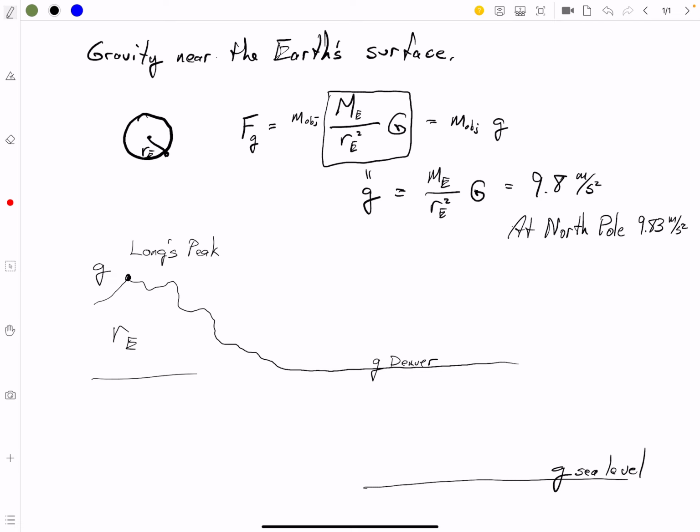So all in all, G definitely changes around the world for many different reasons. One is how high are you, and not in that regard. What I mean is what is your altitude or your distance away from the center of the Earth? There's that. There's what is your position on the Earth? Are you at the North Pole? Are you at the equator? If you notice, the Earth, when it's spinning around its axis, it bulges out.